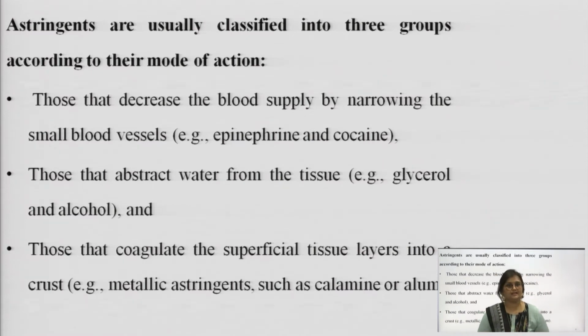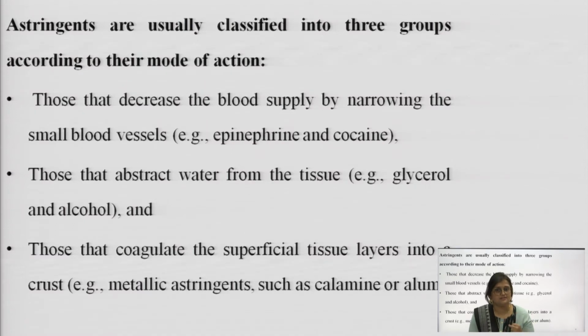Astringents are usually classified into three groups based upon their mode of action. Number one, those that decrease the blood supply by narrowing small blood vessels. Very simple to understand. Astringents are used for constriction, they constrict the tissues.